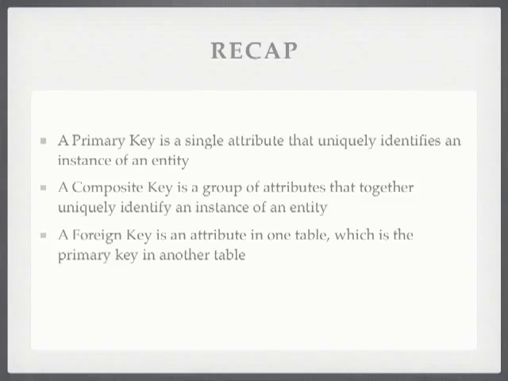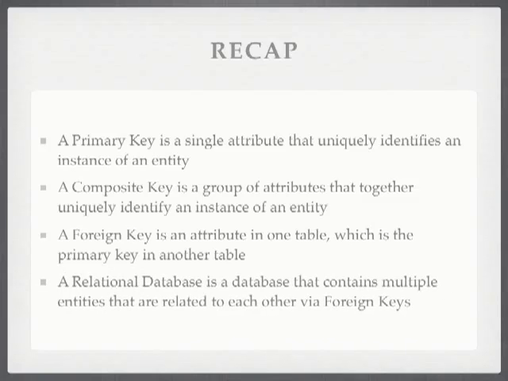We saw that just in our film table there. So we split the genre table off, we gave the genre table a primary key which was an ID, and then we used that primary key in our film table to identify which genre we meant, and that's the link, the relationship between the two. And finally, a relational database is a database that contains multiple entities that are related to each other via foreign keys.